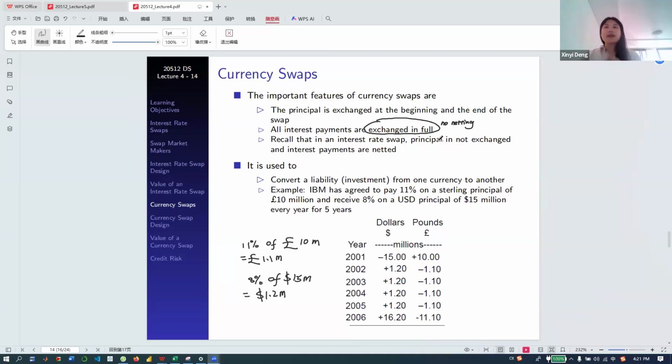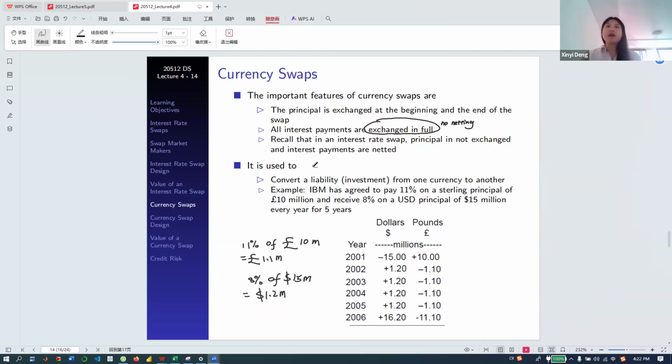Recall that in the interest rate swap, the principal is not exchanged, and interest payments are netted, meaning that those counterparties only have to pay the difference. So that's a key feature of currency swaps.